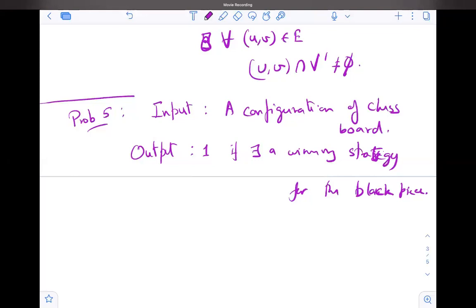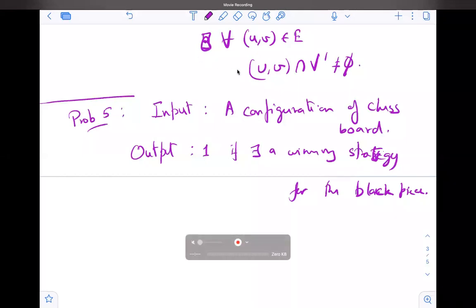What does it mean? Is there a strategy such that black plays in some way, and in any way the white plays, black will always win. Is this problem clear? Yes, sir.